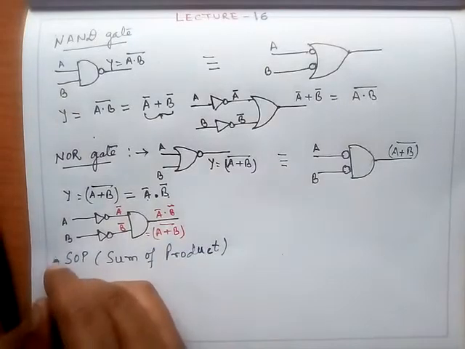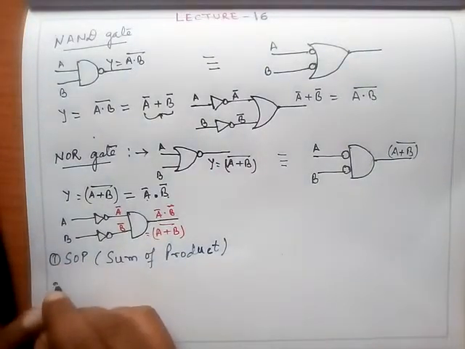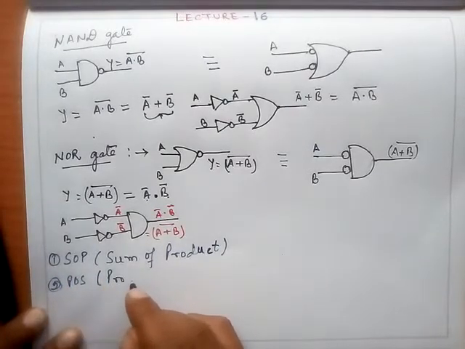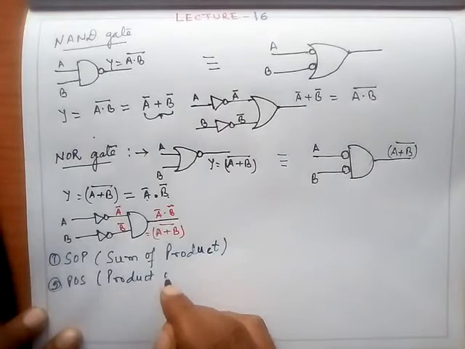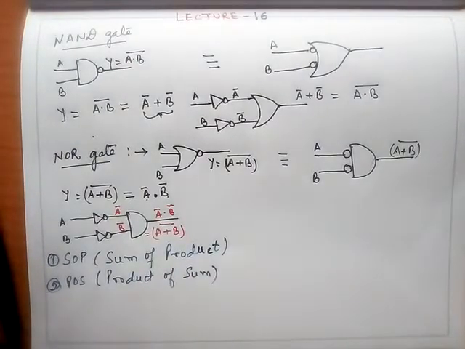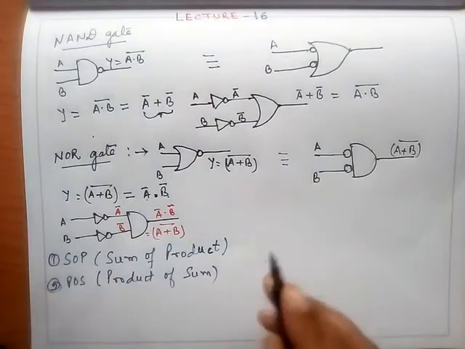One is called the SOP form and the other is called the POS form. POS stands for product of sum. Now what is the sum of product and product of sum?